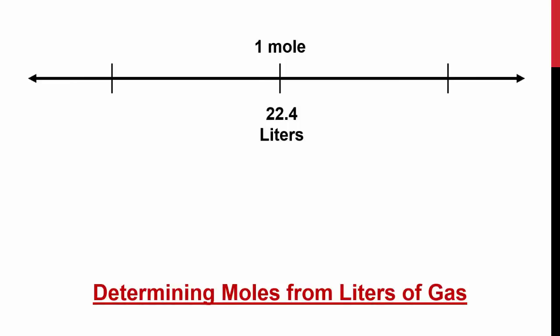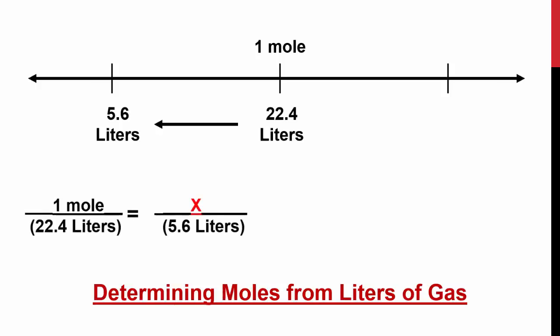Here's a scenario where we're given the liters of gas and trying to find the moles. If we have less than 22.4 liters, for instance 5.6 liters, we're going to anticipate less than 1 mole. You set up a proportion with 1 mole equivalent to 22.4 liters, and you cross multiply and find that 5.6 liters is equivalent to 0.25 moles of whatever gas we're referring to.